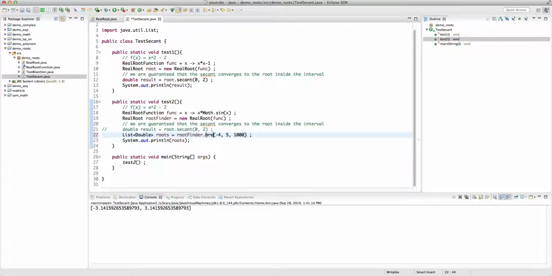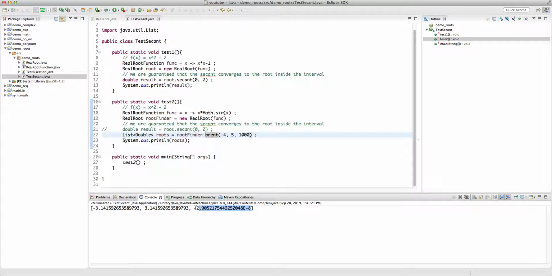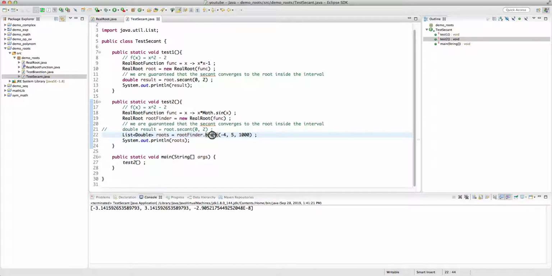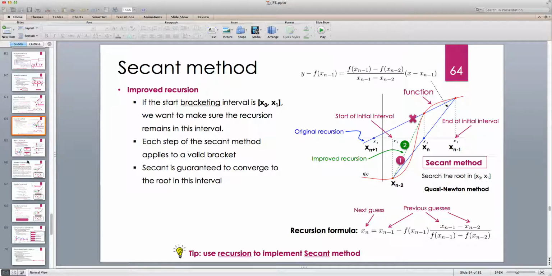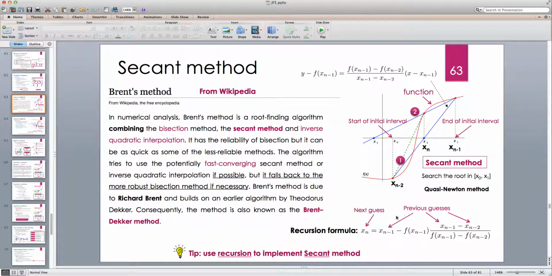If I use Brent, it can in fact find all the roots, 0, pi, and minus pi. So Brent is the most successful root finder so far. And next we're going to look at Newton's method, which is similar mostly to secant, but it promises much faster convergence if in fact it can converge.